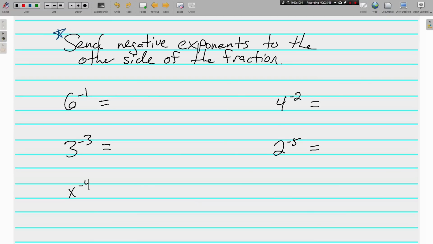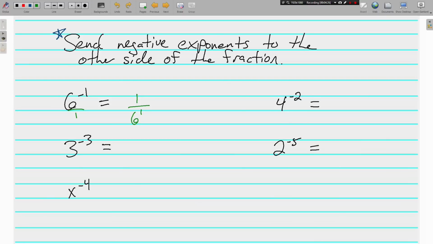Here's what that means. Right now we have 6 to the negative first. Alright, we could also say that that's 6 to the negative first over 1, because anything divided by 1 is itself. So when I'm talking about sending it to the other side of the fraction, I'm talking about putting the 1 on top and the 6 to the first on the bottom.